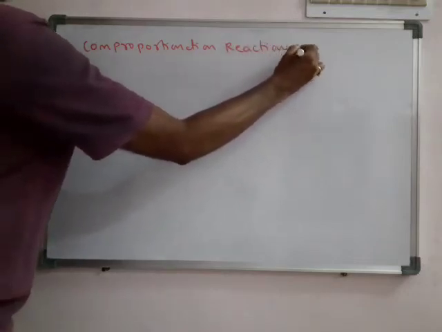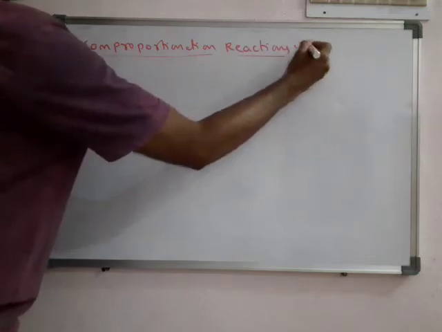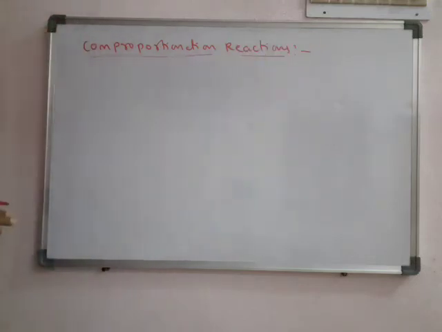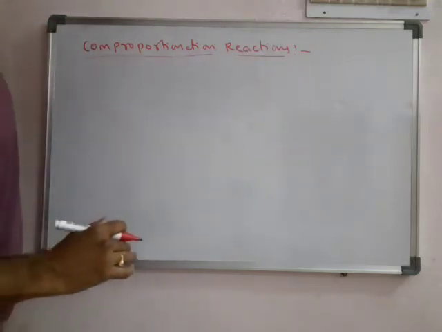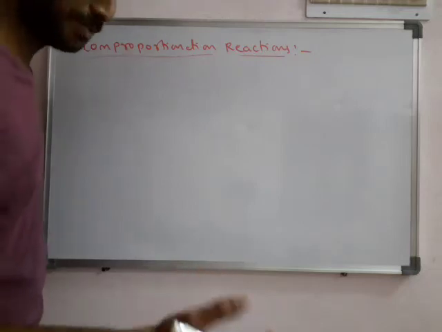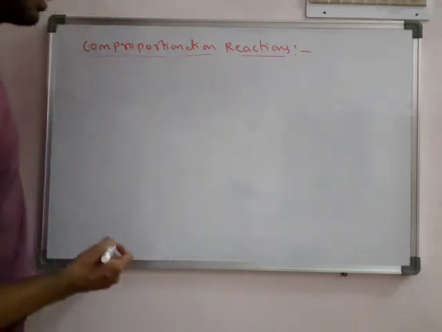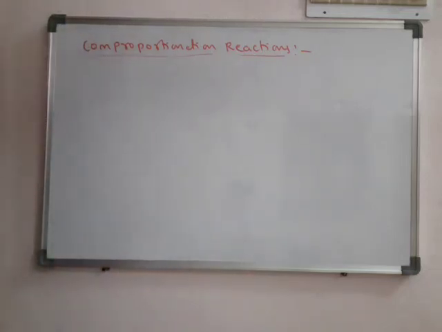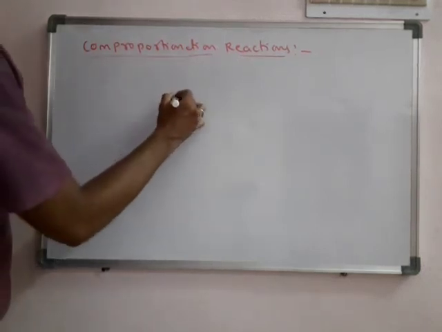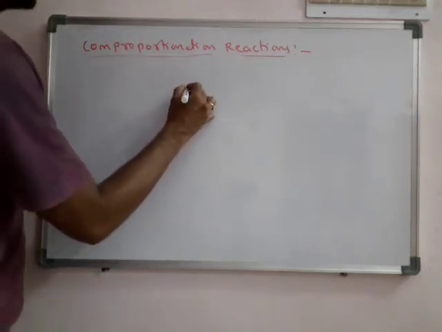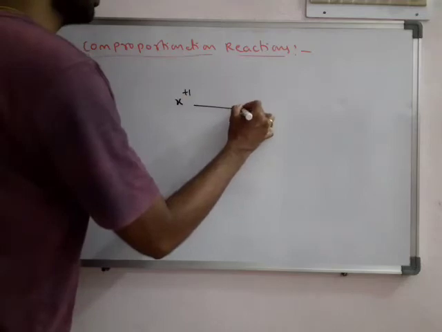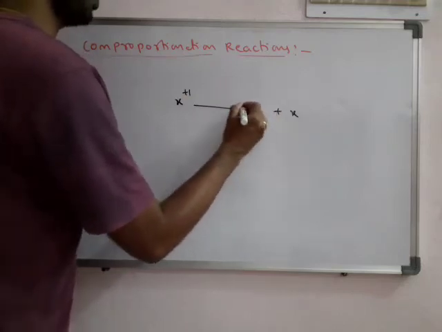Comproportionation reactions are exactly reciprocal to the disproportionation reaction. What we discussed there: for example, take element X with oxidation number +1. It forms two different compounds.